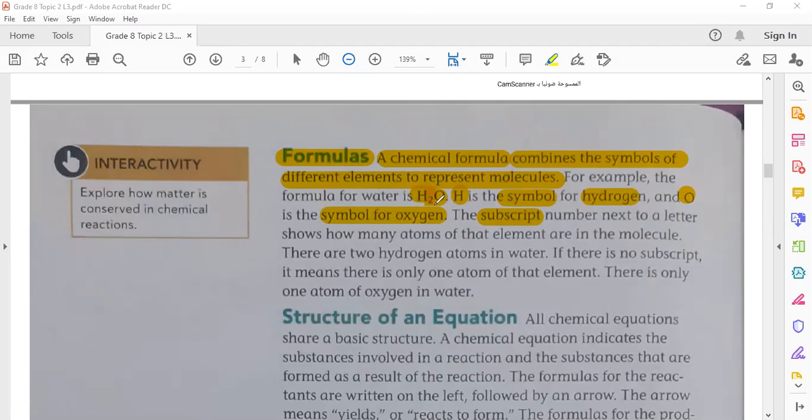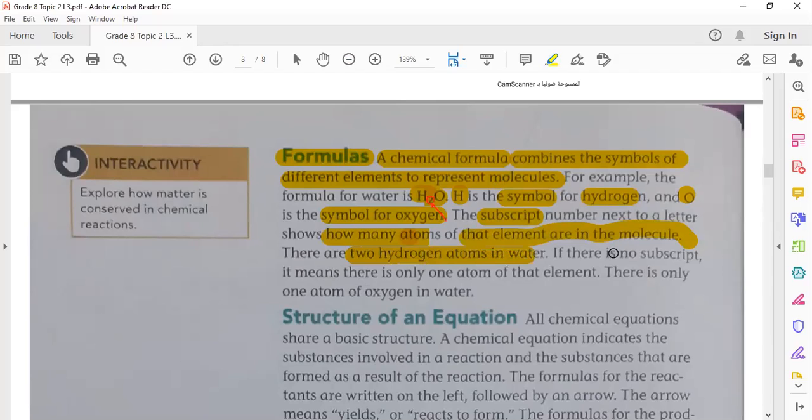This number 2 is a subscript for hydrogen in this case. That means we have 2 hydrogen atoms in this molecule. The subscript next to the letter of an element shows how many atoms of that element are in the molecule. So there are 2 hydrogen atoms in water.